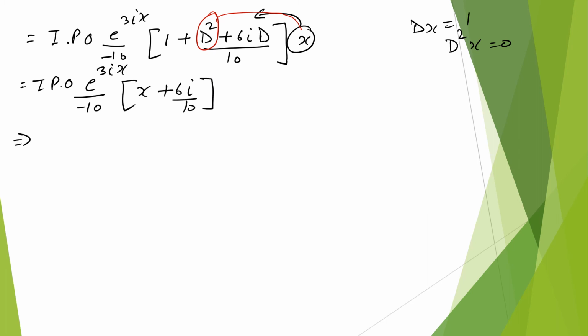Now again we replace e to the power 3 iota x with cos 3x plus iota sin 3x.